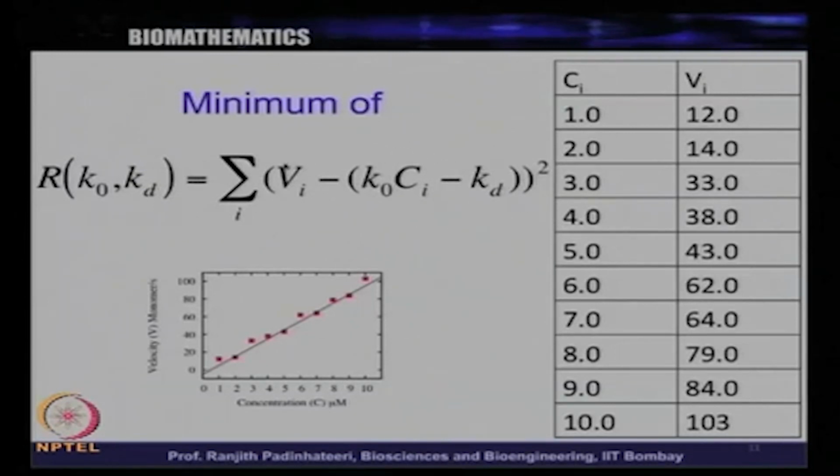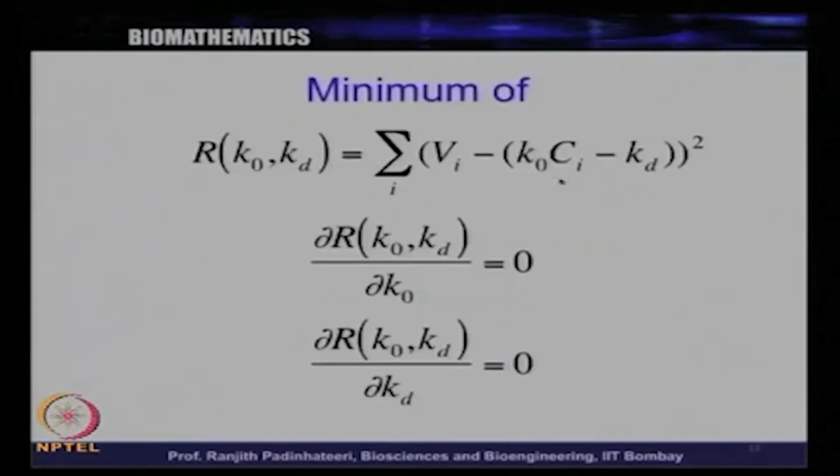The velocity got from fitting and the velocity got from experiments, their difference should be minimum. That is, the best fit should be the fit where this is minimum. So, we can find the derivative of this with respect to k0 and kd and equate it to 0, then you will get the minimum of R.